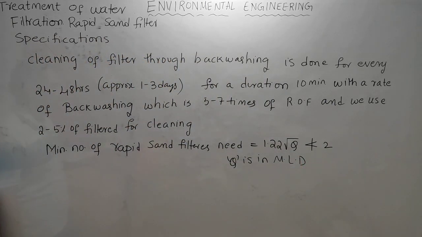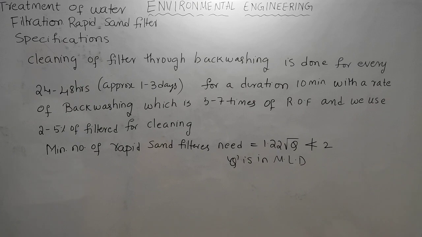When the discharge required is given in MLD, then 1.22 square root of Q is the value by which you can find the number of rapid sand filters required for a particular community.